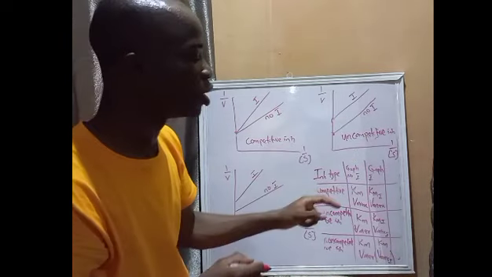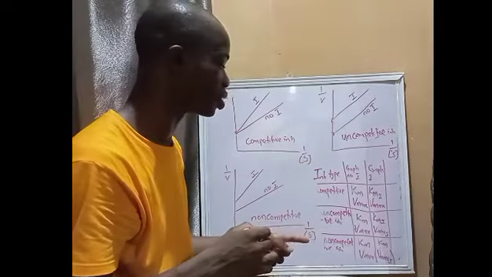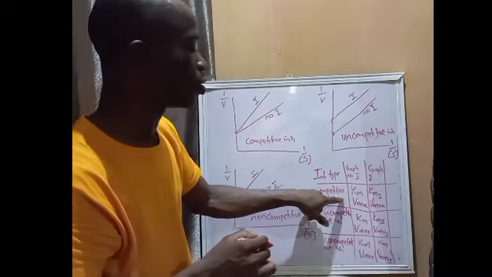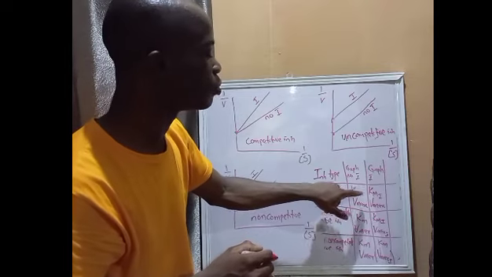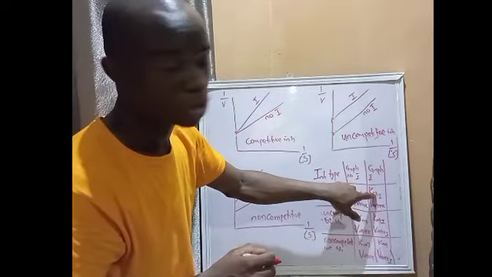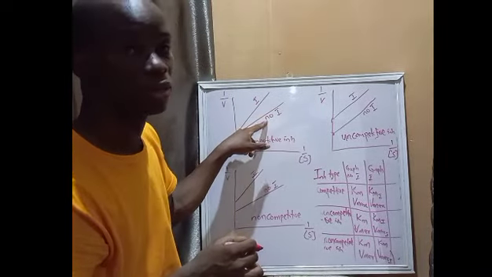Now, let me talk about the differences in each of these cases. For the competitive, the Km you have for this line is different from the Km you have for this line.